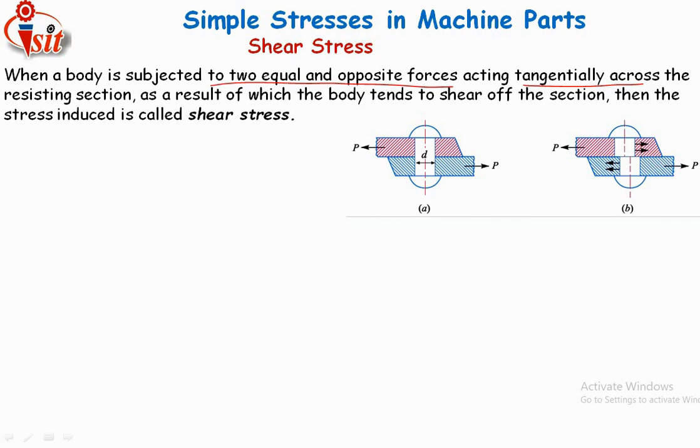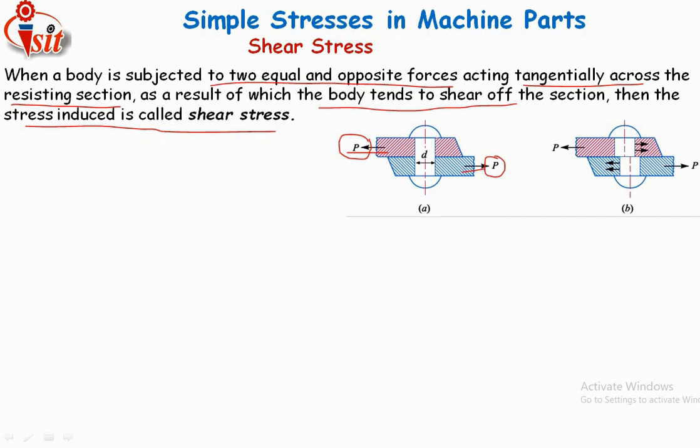When the body is subjected to two equal and opposite forces acting tangentially across the resisting section, due to which the body tries to shear off the section, then the stress induced is called the shear stress.